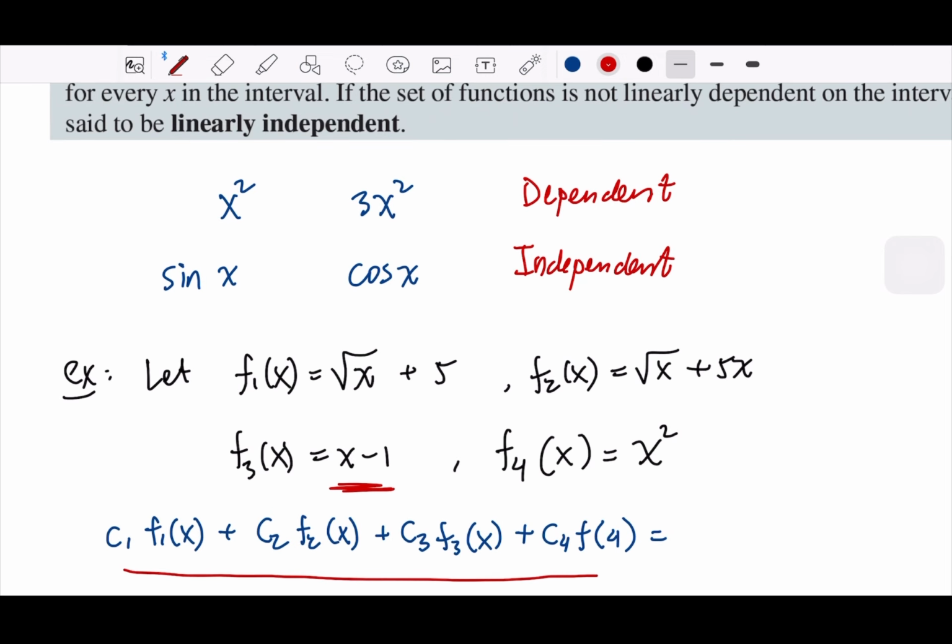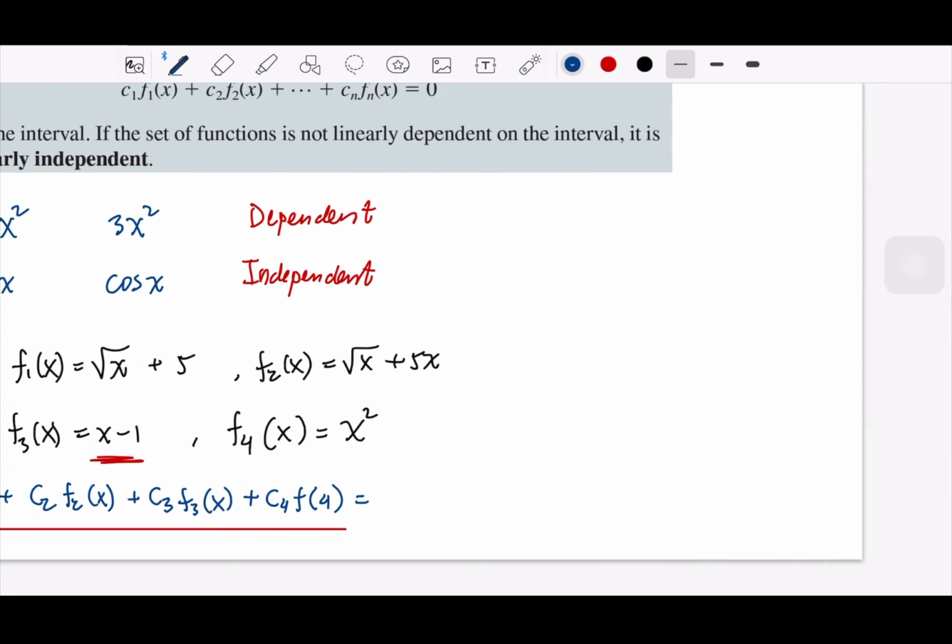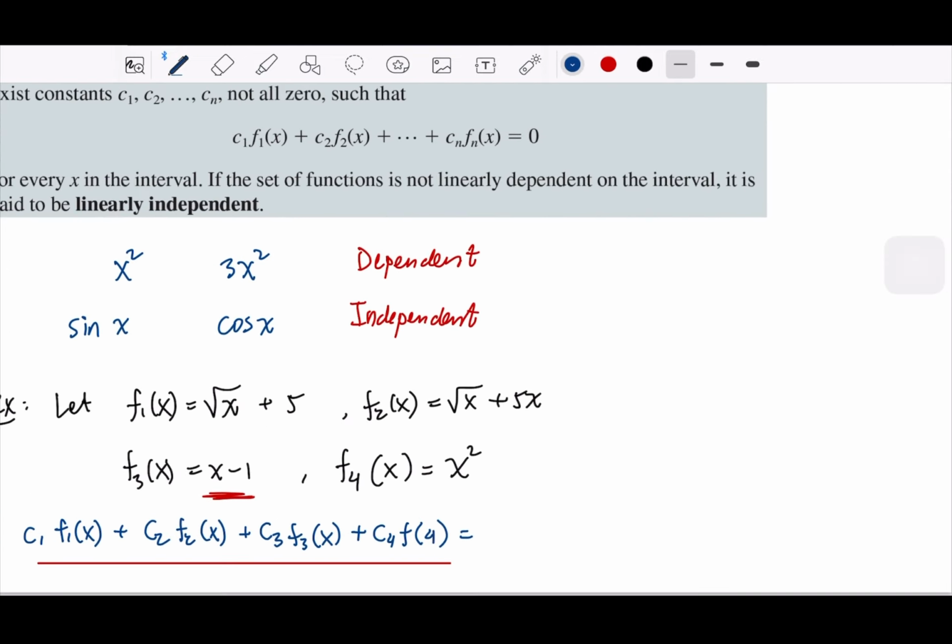And we can still consider it linearly dependent if, for example, we check that we have f2 equal to c1 f1(x) plus c3 f3(x) plus c4 f4(x).